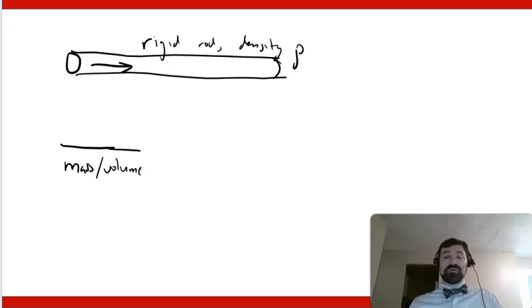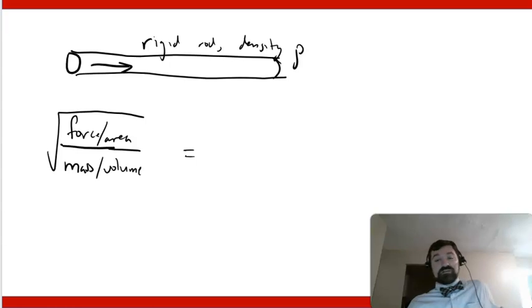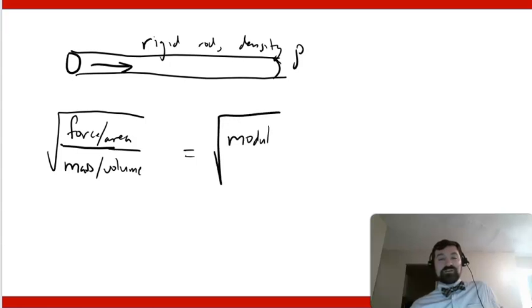So now one way of doing that is to have force over area as my numerator term. Okay? And force per unit area, you might think, oh, that's the pressure. It's not really, though. Remember that force per unit area, yes, pressure is a force per unit area, but we also have moduli of elasticity. So we're expecting this to basically be a modulus of elasticity divided by a density.